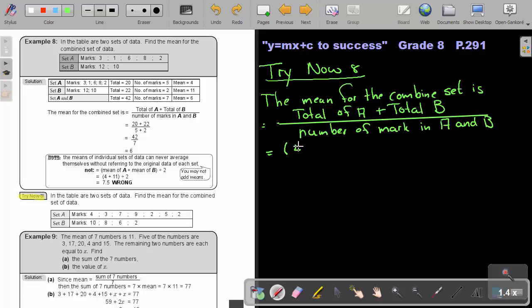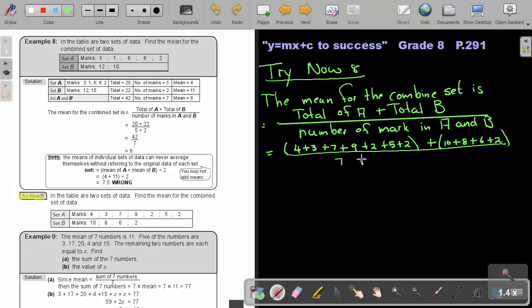Okay, so if you want to find the total, it's basically just adding up all these. So it's going to be 4 plus 3 plus 7 plus 9 plus 2 plus 5 plus 2. That's the one set. Plus the other one will be 10 plus 8 plus 6 plus 2. And if I divide it by, what will be my total? This one is 1, 2, 3, 4, 5, 6, 7.